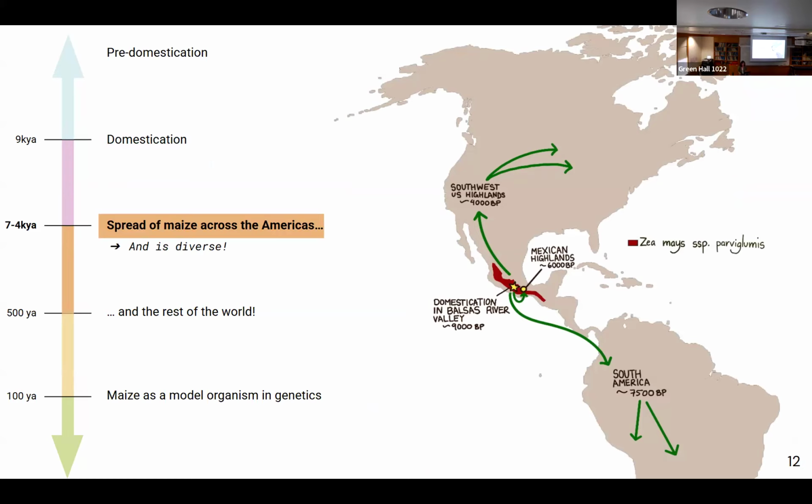Indigenous peoples of the Americas have selected maize to have different flavors, colors, hardiness, tolerance to various abiotic factors, resistance to disease, depending on the wants and needs of their communities. The diverse selection pressures on maize have created a diverse genome with many adaptations, some of which are shared and some of which are unique between populations.